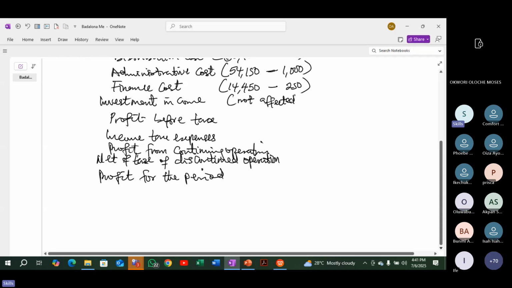So the figure there is 7,605, because there is no information relating to investment income. Then I have my profit before tax. I'm not solving anything yet. My income tax expense, how much is it? 51,300.